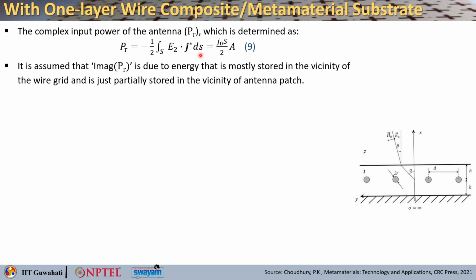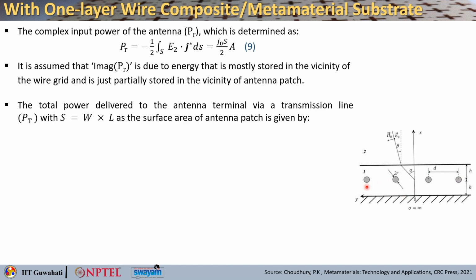Now, it is assumed that the imaginary part of this Pr, okay, is due to energy that is mostly stored in the vicinity of this wire grid and is just partially stored in the vicinity of the antenna patch, okay. So, the imaginary part is mainly lying with the wires.